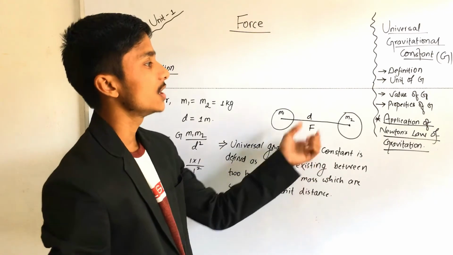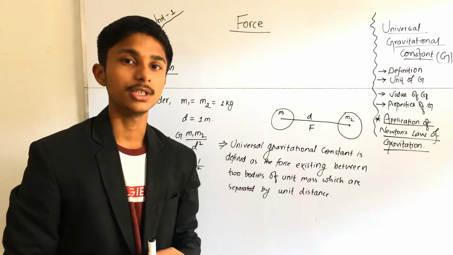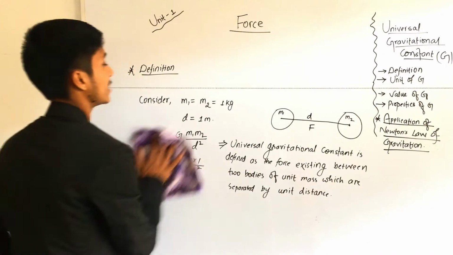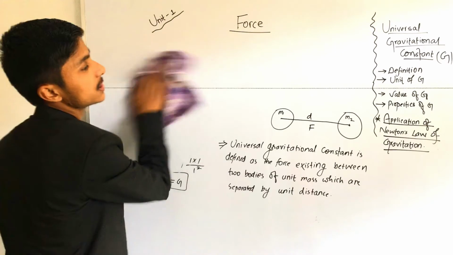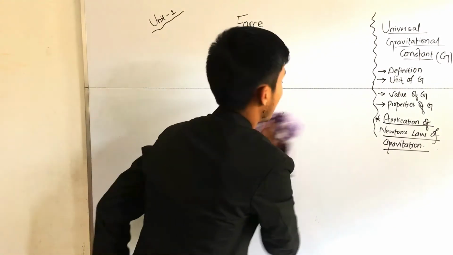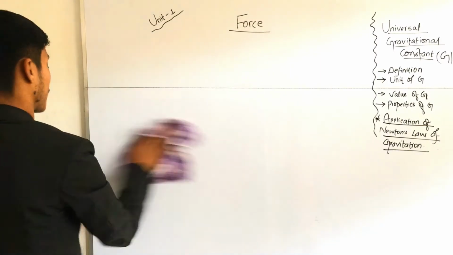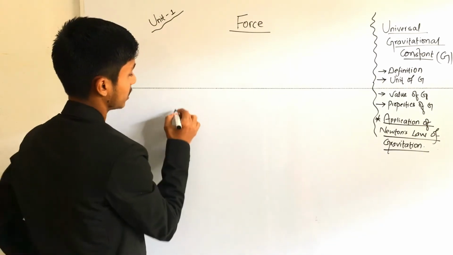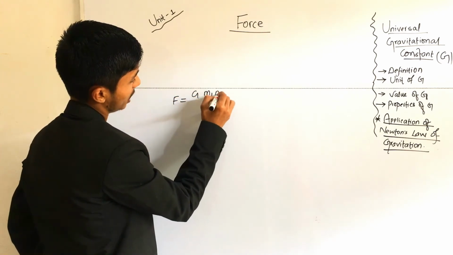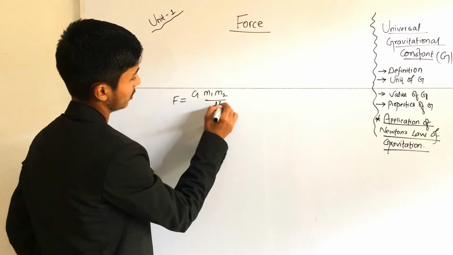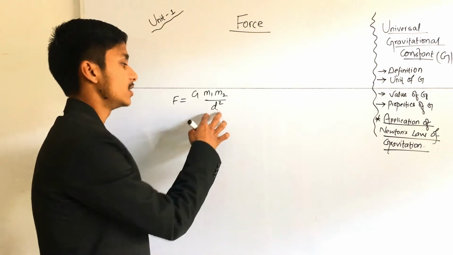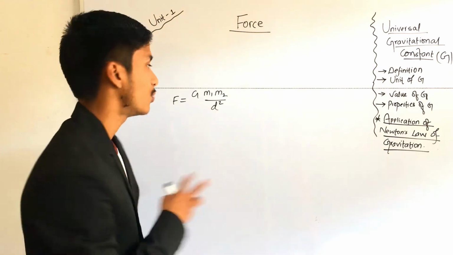Now we move to its unit. What is the unit of capital G? Here we have the formula F is equal to G m1 m2 by d square, where m1 and m2 are the masses and d is the distance between these two bodies.